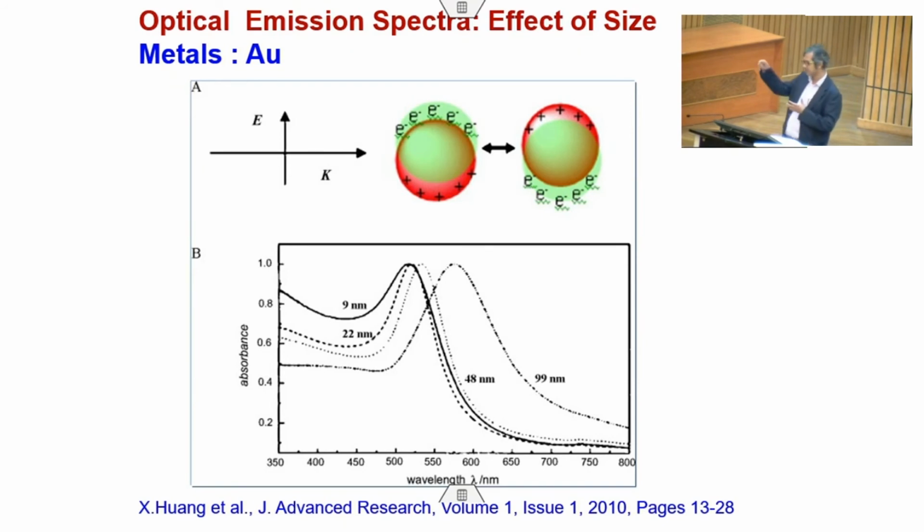The parts where electrons are not there will be positive charge, and the parts where electrons are there will be negative charge, and these alternating charges will be present on the material surface. So, it leads to a dipole formation, and this dipole oscillates along the direction of the electric field of the light, and the amplitude of this oscillation will reach a maximum at a specific frequency called the surface plasmon resonance frequency. That means what?